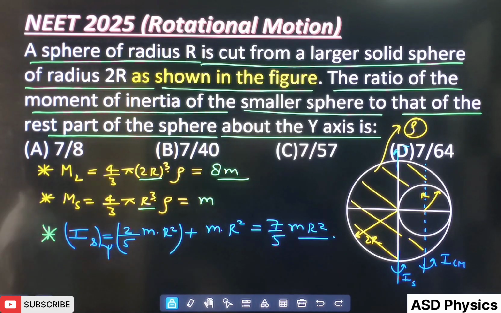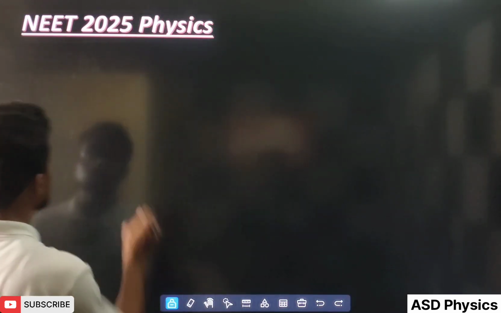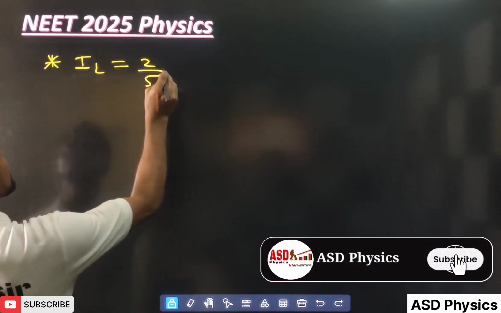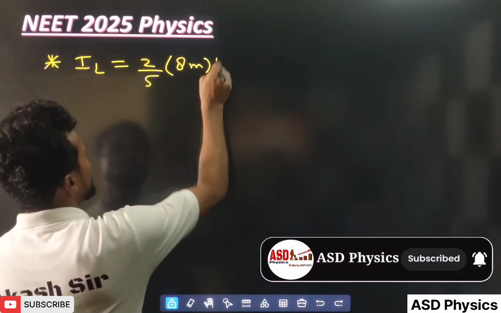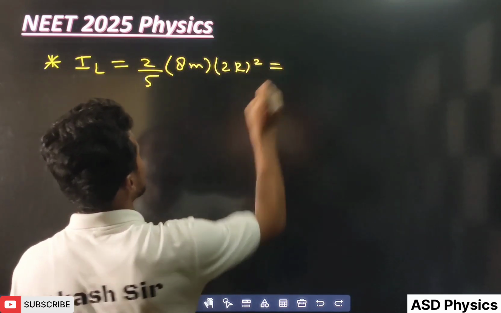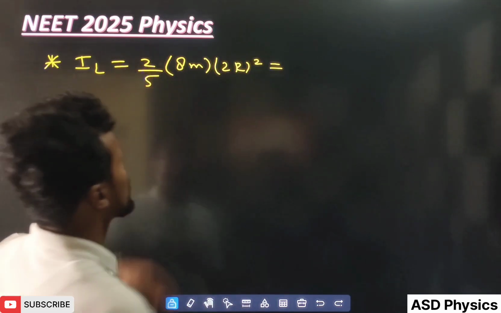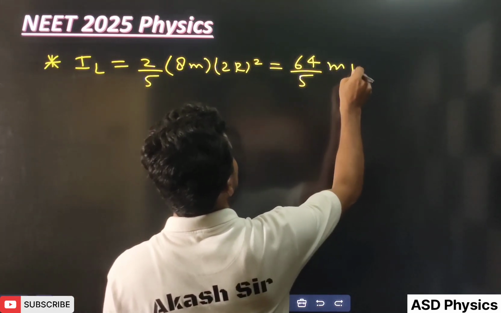Now after that we have to do the big sphere, the I large one. What is the formula given here? 2 by 5 into mass, which is 8m, into (2r) square. So 8 into 4 into 2 over 5 becomes 64 by 5 mr square.